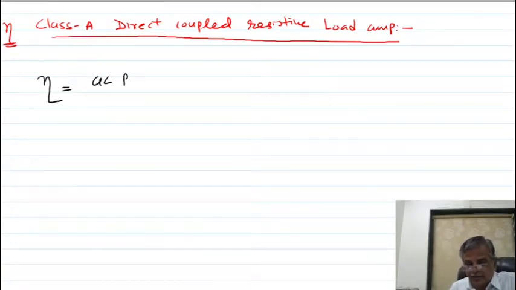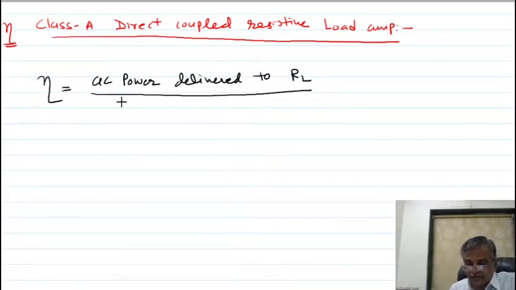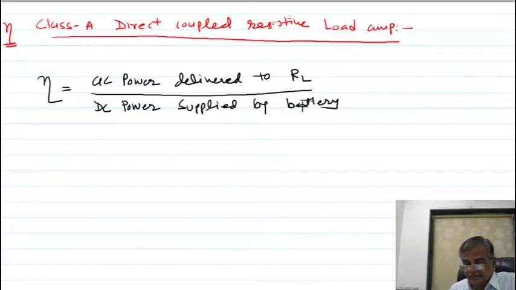the AC power delivered to the load RL upon DC power supplied by the battery. So I am writing this is your PL, this is your PB, this is efficiency.